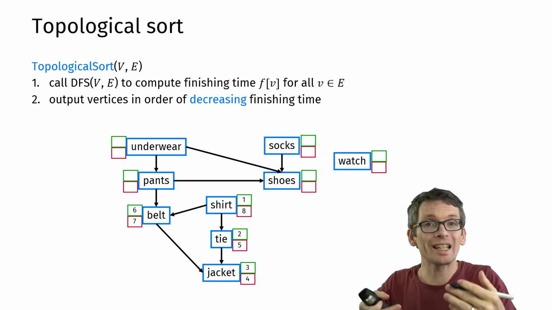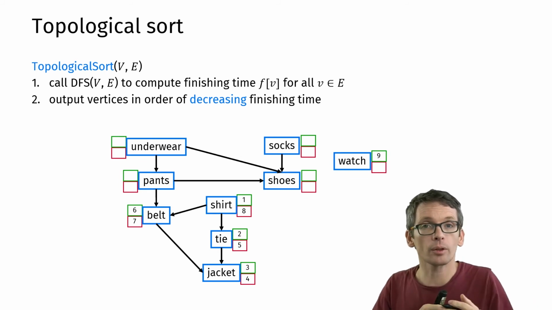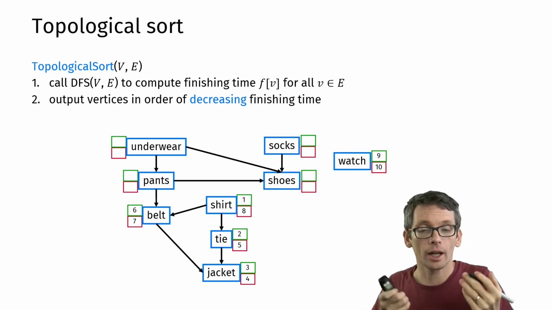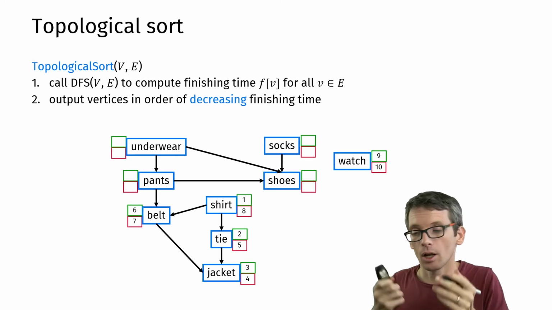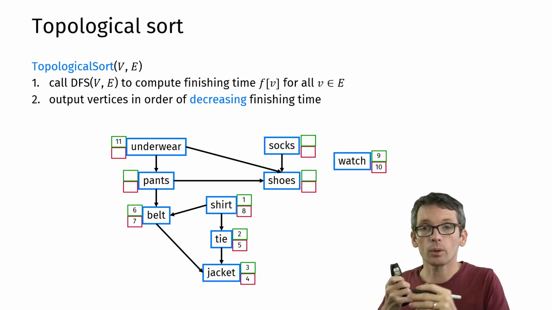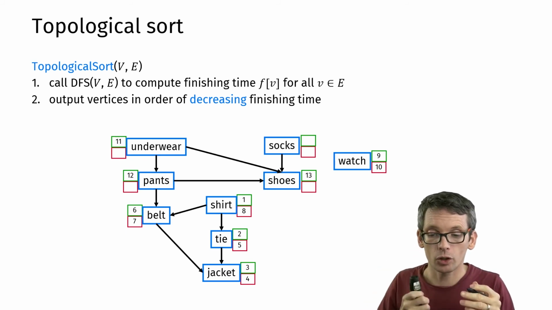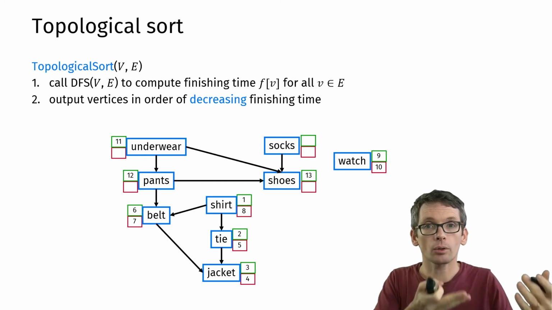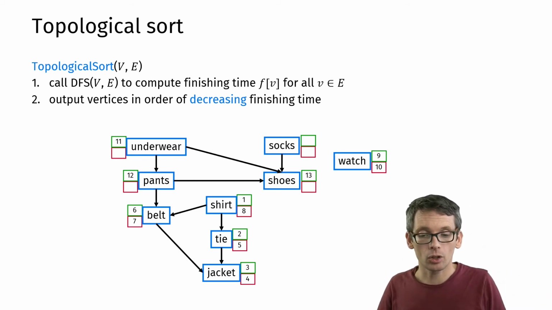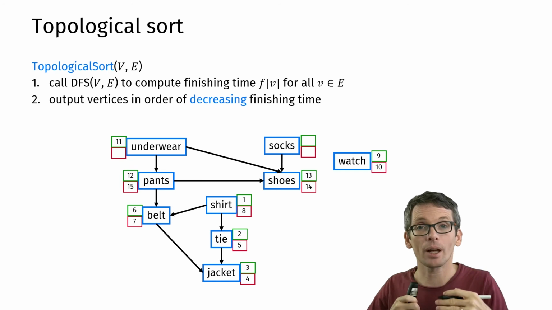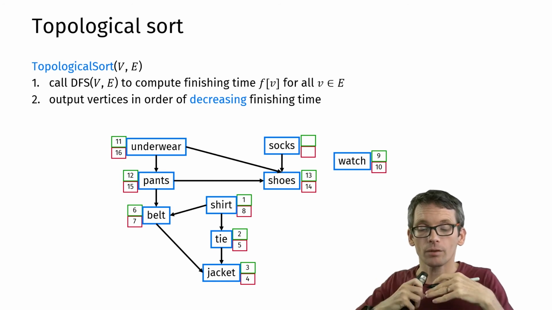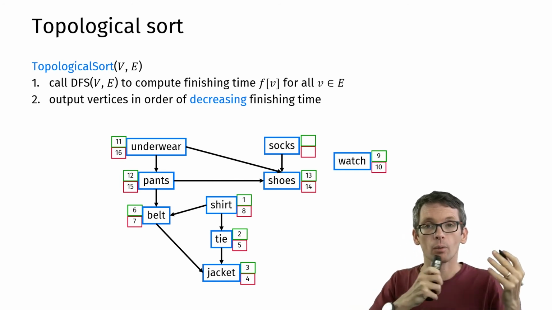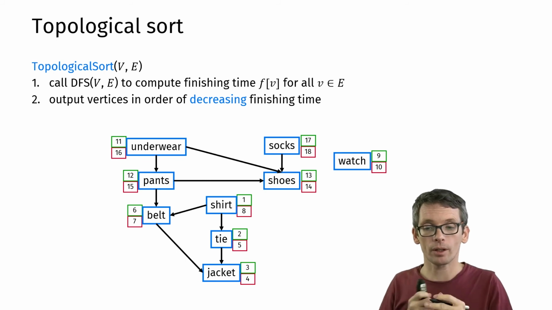Now we have to restart somewhere. Let's say we restart with the watch. Okay, there's no edges, so we finish immediately again. We continue with the underwear, we continue with the pants, the shoes, no outgoing edges, so the shoes are finished, the pants are finished, the underwear is finished, the socks remain, we discover them, we finish them.